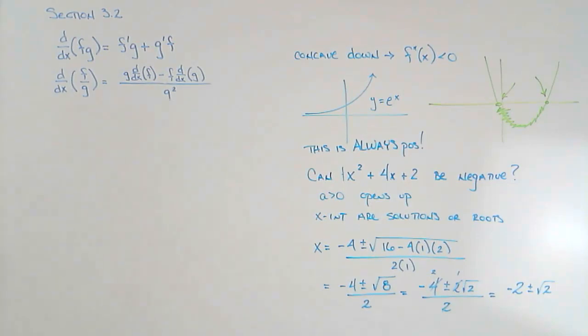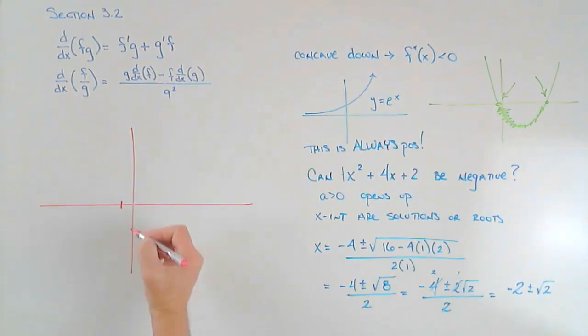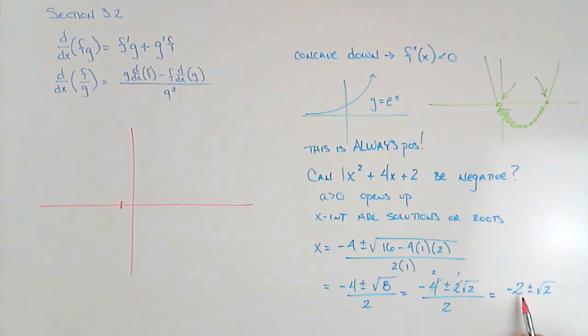So if we look at these numbers, we have negative 2 plus or minus root 2. Well, negative 2 plus root 2: negative 2 is negative 2, root 2 is 1.4, so negative 2 plus root 2 is going to be here. It's going to be negative because root 2 is smaller than 2. Negative 2 minus root 2 is going to be over here.